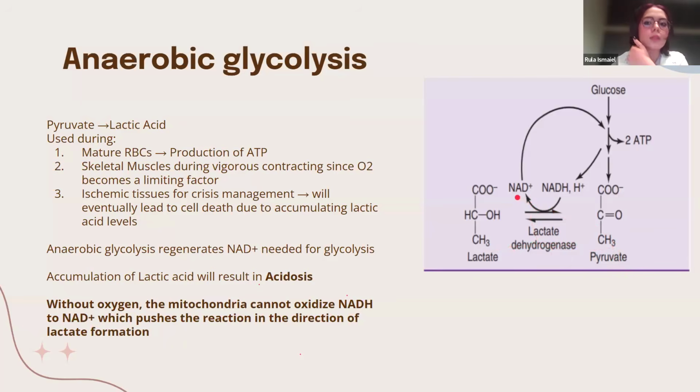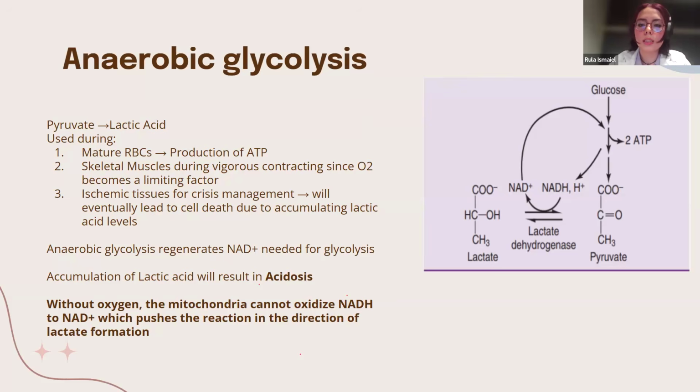The NAD plus being produced is used in glycolysis, and the reaction in glycolysis that uses NAD plus is reaction 6, obviously. It's used in mature RBCs for the production of ATP. Again, no mitochondria, so ATP is not produced by the mitochondria, but we still need a supply of NAD plus.